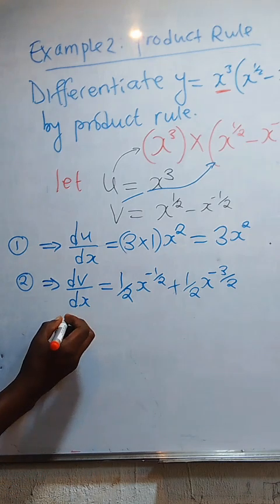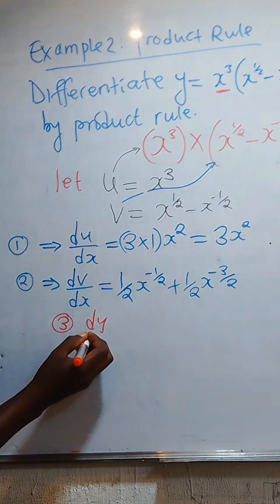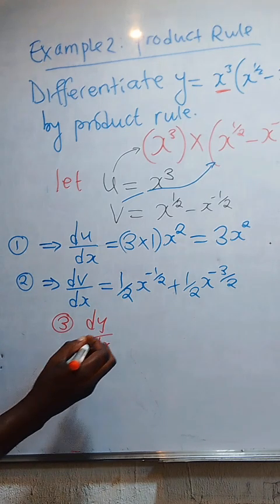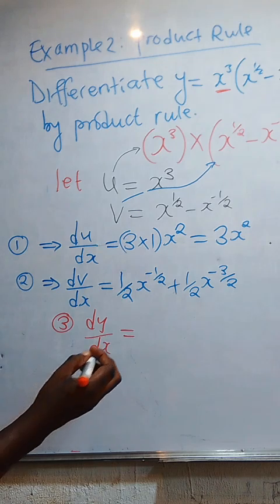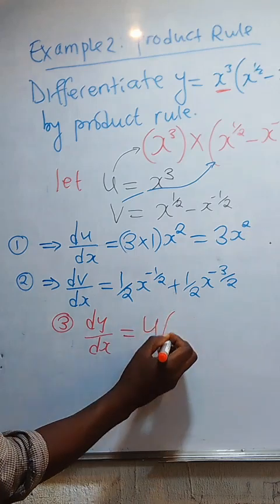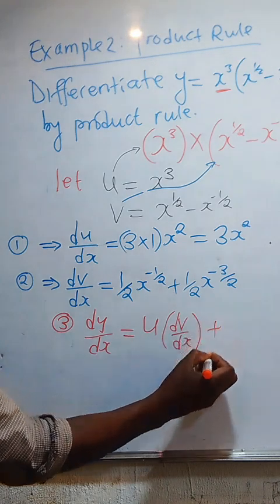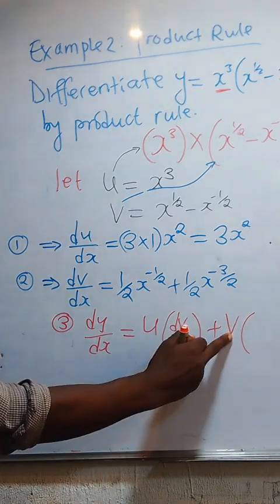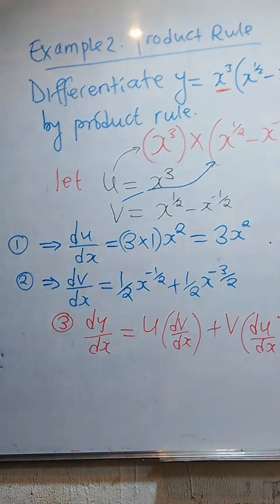So now stage 3: dy over dx is going to have u multiplied by dv over dx, plus this v multiplied by du over dx. Okay.